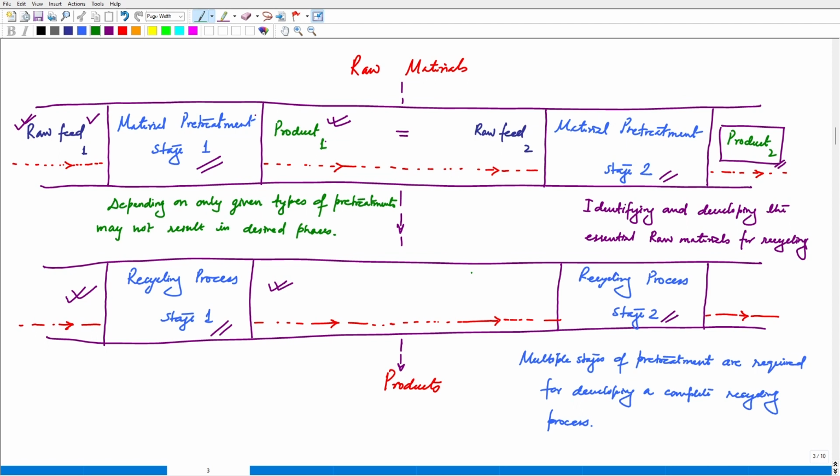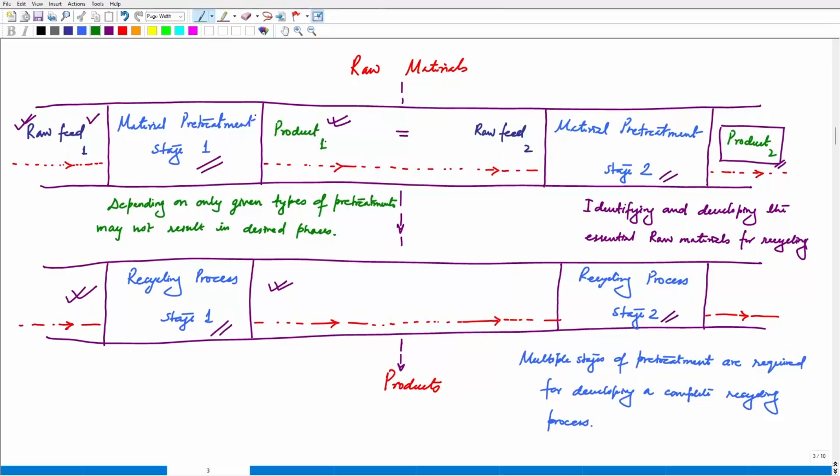And of course, we are talking of the raw materials that we are planning to use for the recycling processes. Now, what could be the recycling processes? These are essentially metallurgical processes categorized as pyrometallurgical process, hydrometallurgical process and electrometallurgical process, which we will be discussing in the upcoming classes.